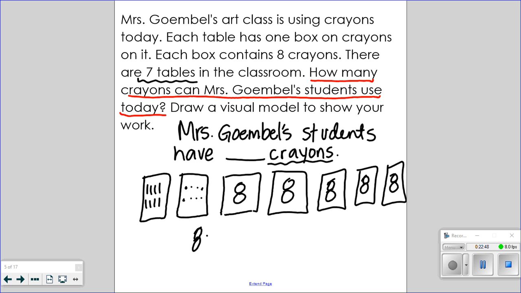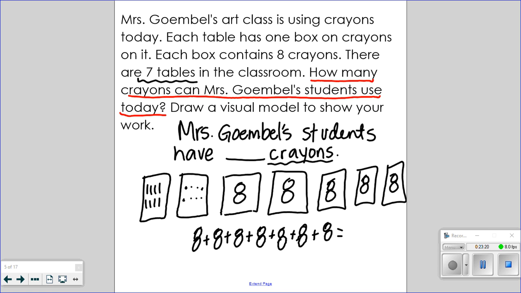There we go. 8 plus 8 plus 8 plus 8 plus 8 plus 8 plus 8. How many 8s should we have? 7. Let's count. 1, 2, 3, 4, 5, 6, 7.